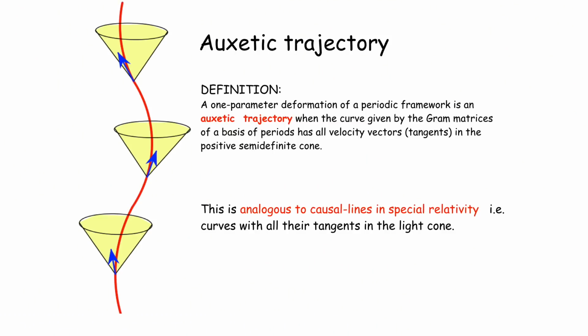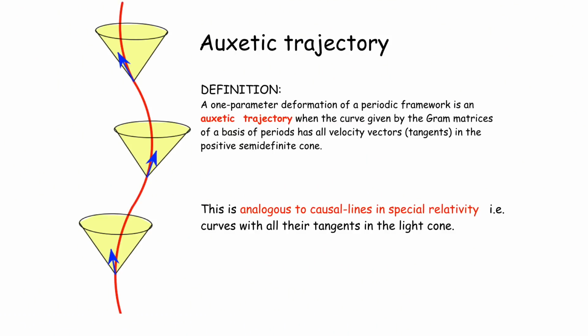And this is immediately inviting the analogy with a Minkowski space in special relativity, where we have a cone of light. And this matching is literal if we are in dimension 2, because 2 by 2 matrices make a Minkowski space.